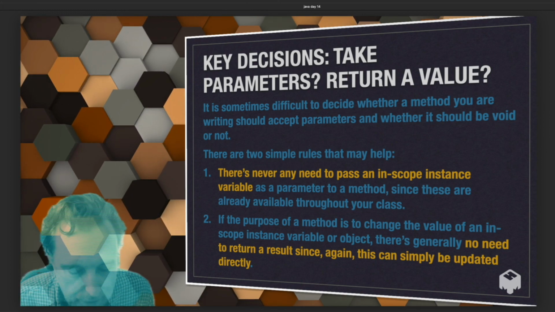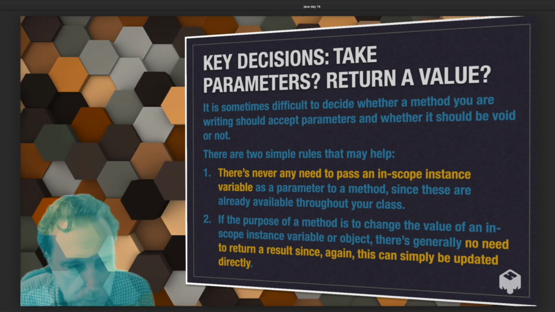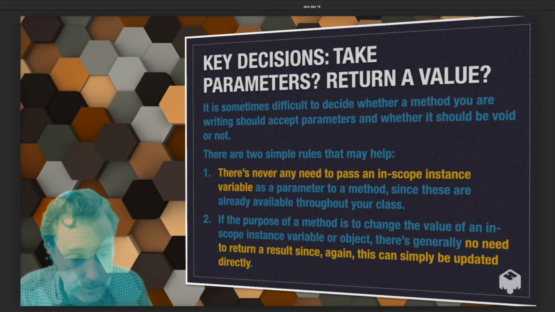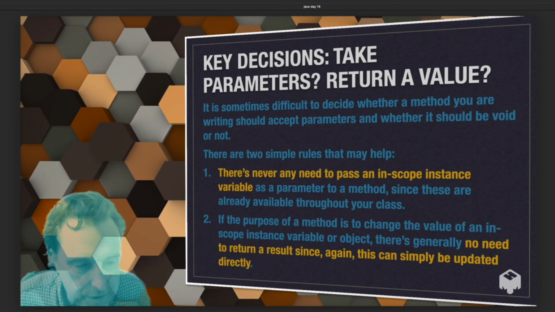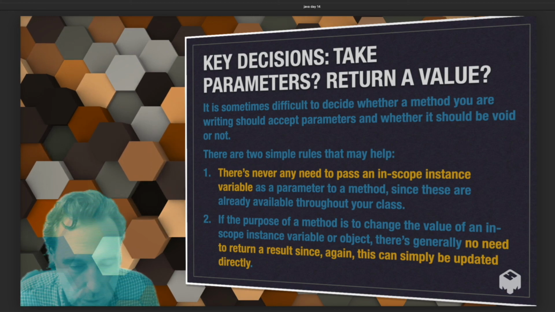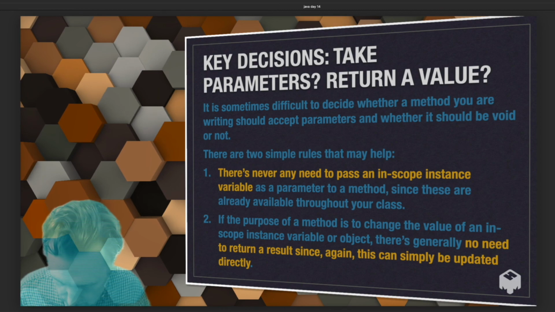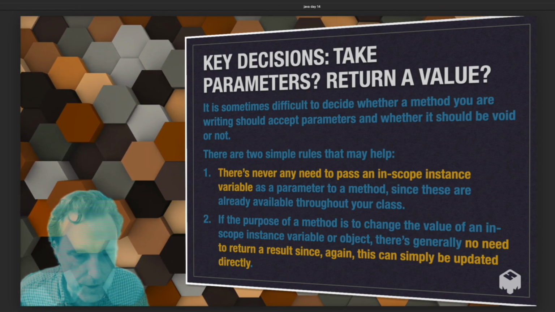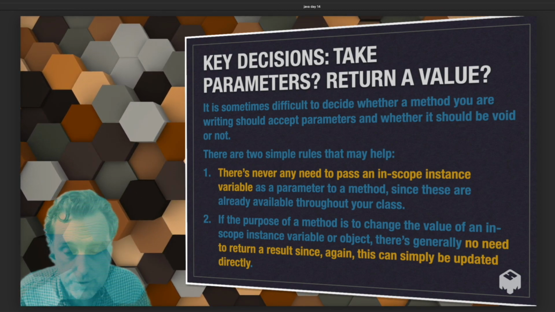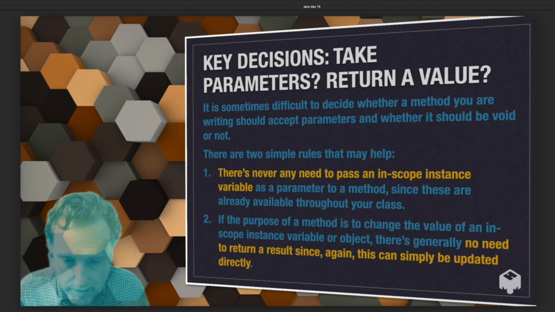Otherwise, you need to sort of hand off that data to the method and let it work with it, and then maybe also let it send the result back after it's done working with those local variables. So the rules, to a large extent, will be driven by the data that you want to use, and if there's a result you need after the method is run.